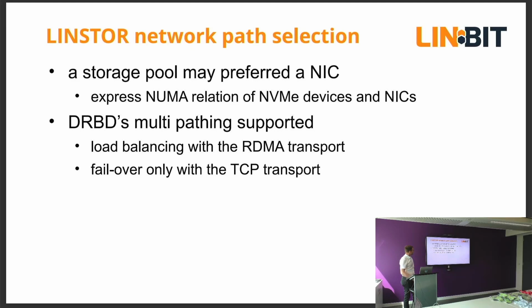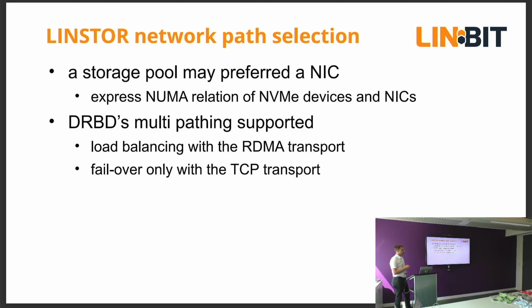Yeah, you can also define different network interfaces for a storage pool or a node. So here comes again, like I want all the DRBD data traffic on a specific NIC and all the LINSTOR data, so the control plane, on another NIC.